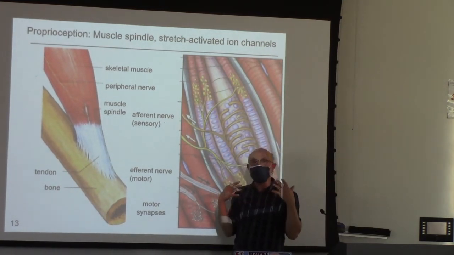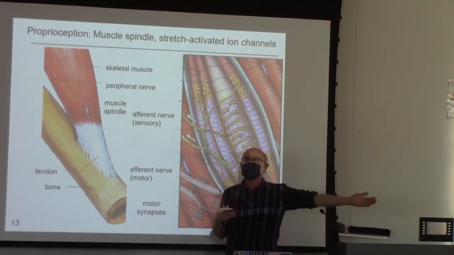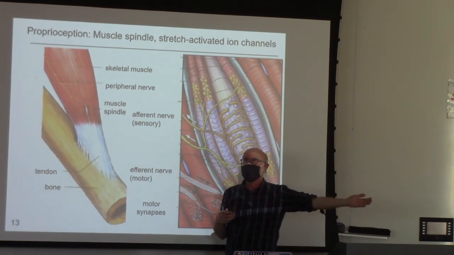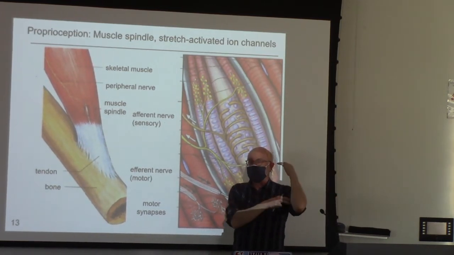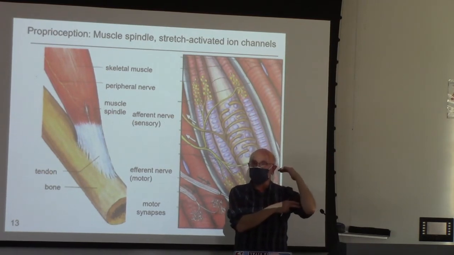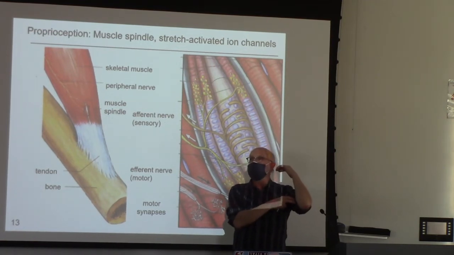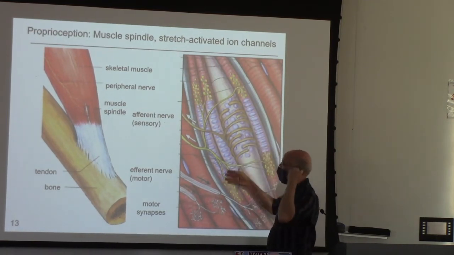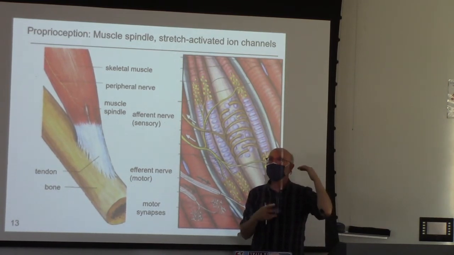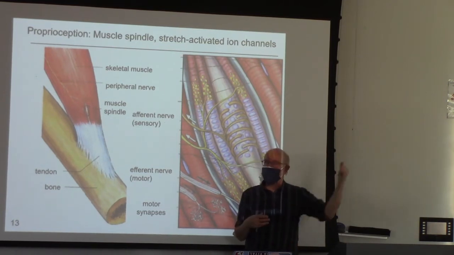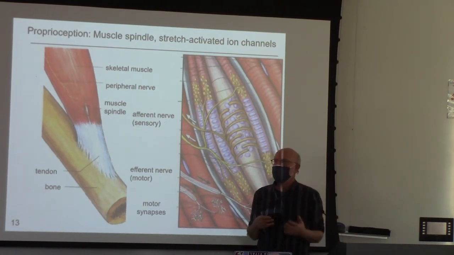That information then is interpreted by my brain to say my muscle is extended. Fewer action potentials, less stretch, less open ion channels, less depolarization of the muscle spindle neurons, less firing of action potentials, fewer action potentials, interpreted in my brain as in this position.